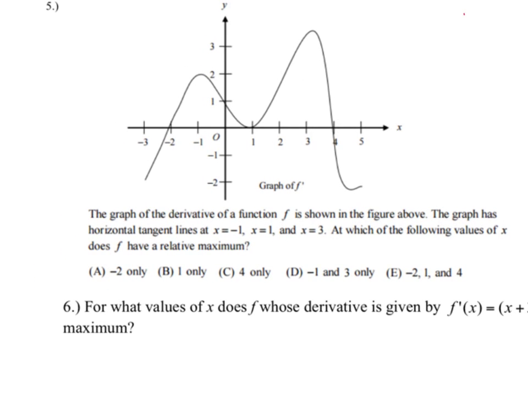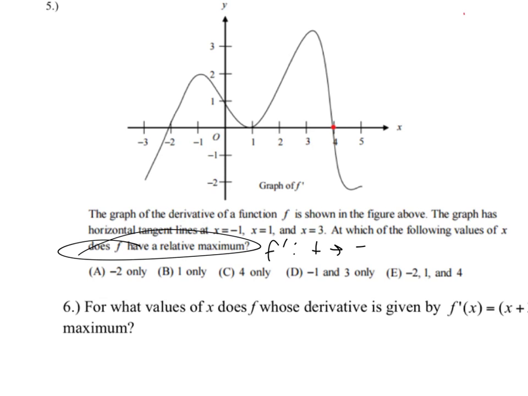Relative maximum. So we have a relative maximum, and at a relative maximum, f prime changes from positive to negative. So I'm looking for a place where my graph of the derivative, so I'm looking at a graph of the derivative where it goes from above the x-axis to below the x-axis.